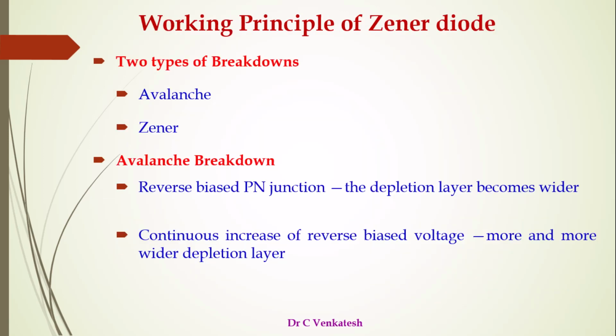Zener diode is working in the reverse biased condition. Here, two types of breakdowns are there: Avalanche breakdown and Zener breakdown. First, we are going to see the Avalanche breakdown.